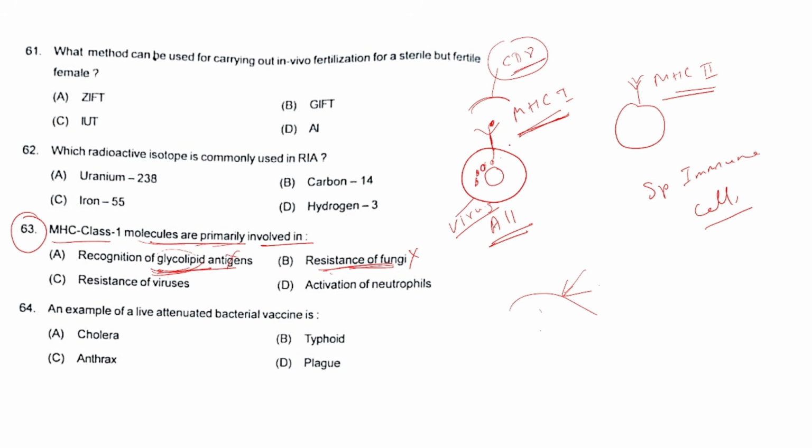The CD8 cell will recognize it and ultimately kill it. So virus infected cells show this MHC1 complex. The right answer will be option C, resistance to viruses.